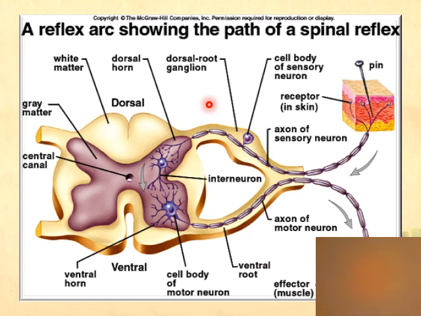So in order to avoid damage, your body won't wait for the message to reach the brain. For that reason, reflex actions ensure your survival. How do they ensure your survival?